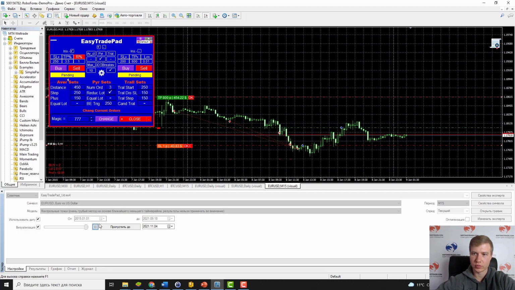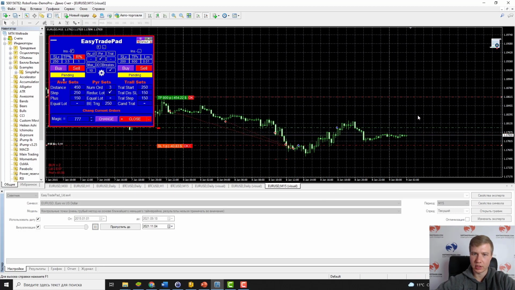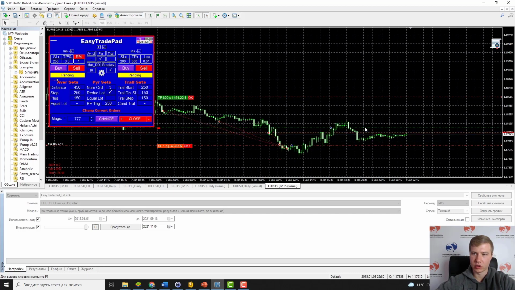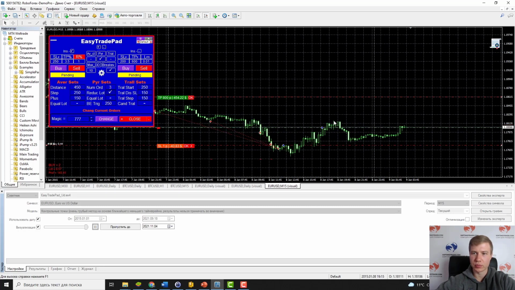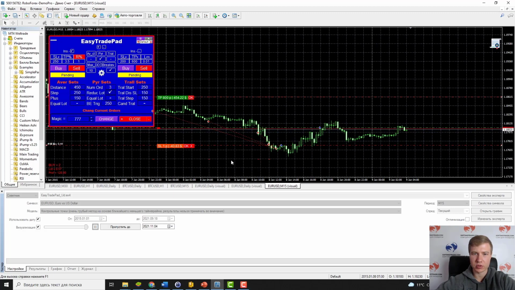That's in fact, we now have, as it were, double the volume, but only the risk for one transaction, since we have already moved to break even for this transaction.